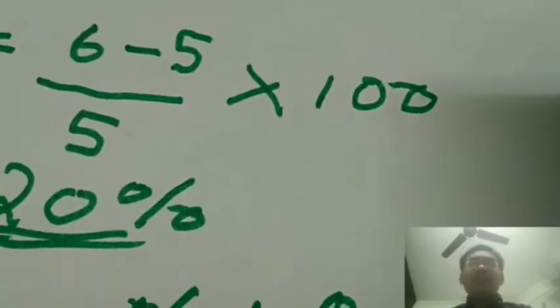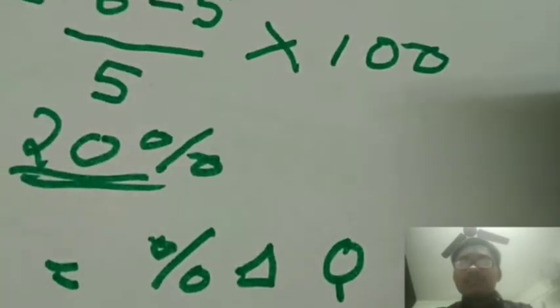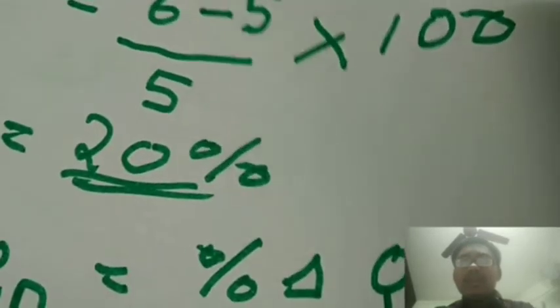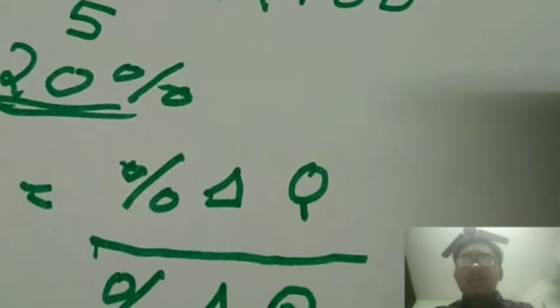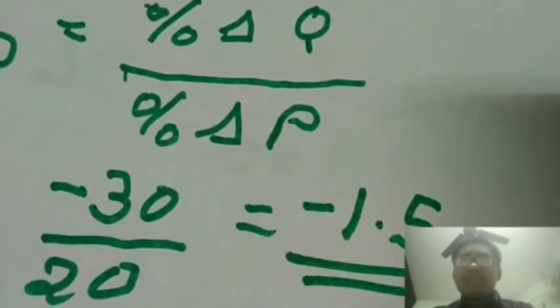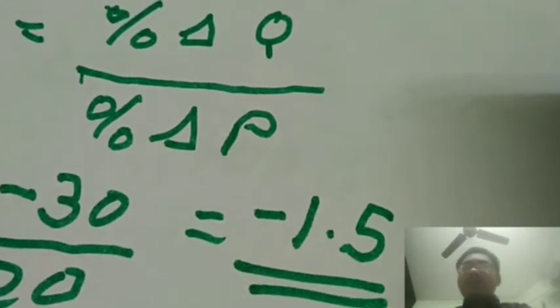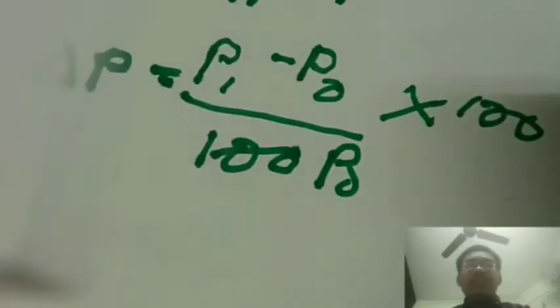So, from the formula of elasticity, ED equals percentage delta Q divided by percentage delta P, which is minus 30 by 20, equal to minus 1.5. So, what do we infer? That the demand for the given good is relatively elastic in nature.